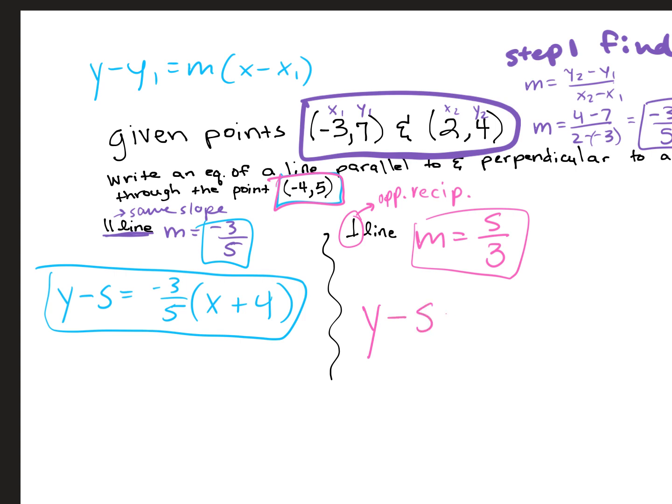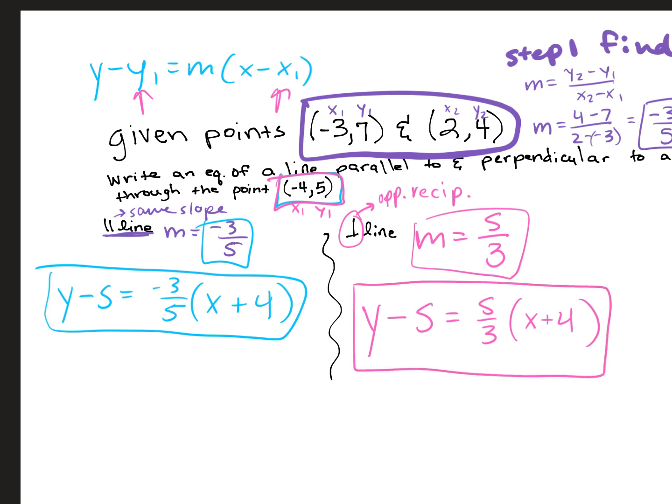Y minus 5 is equal to 5 over 3 times x plus 4. Remember, we're using this as our x1 and y1 for our point slope form. So this would be our perpendicular equation. So you do the same thing, you just have to find the opposite reciprocal of the slope first before you plug it in.